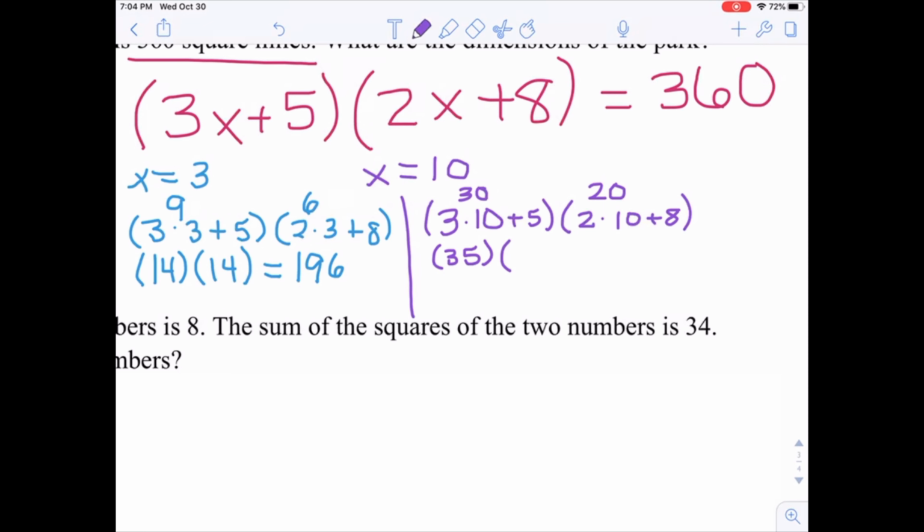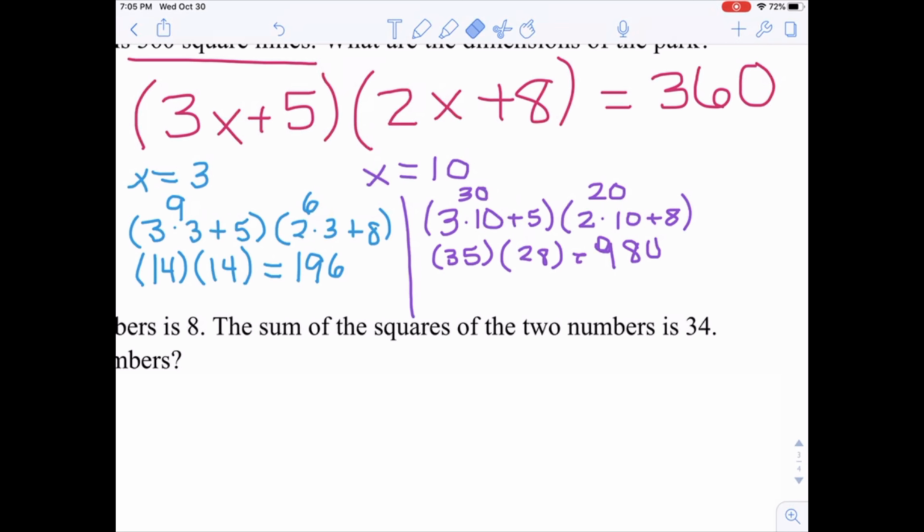And 20 plus 8 is 28. And oh man, this is going to give me a big number. So I don't think that this is our option either. 35 times 28 gives me 980, which is in fact not what we want. So we know that 3 is too small, 10 is too big.